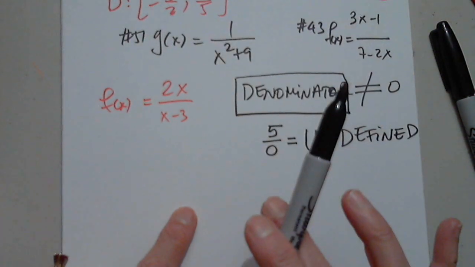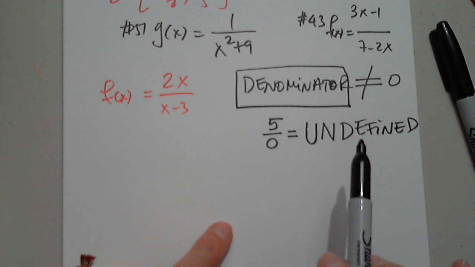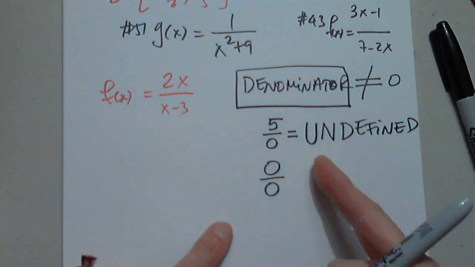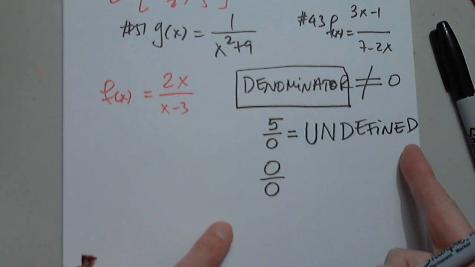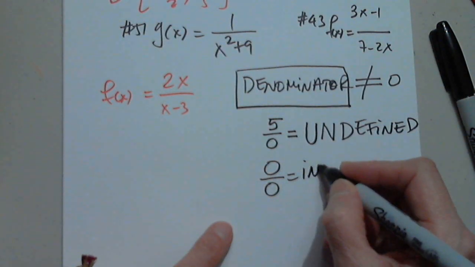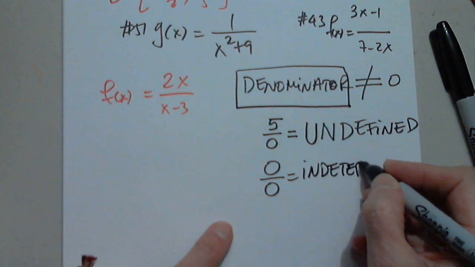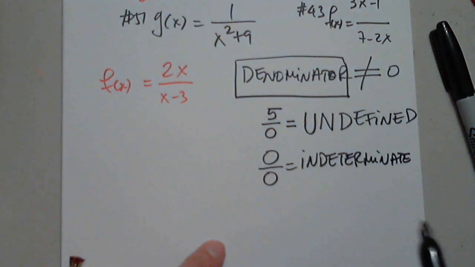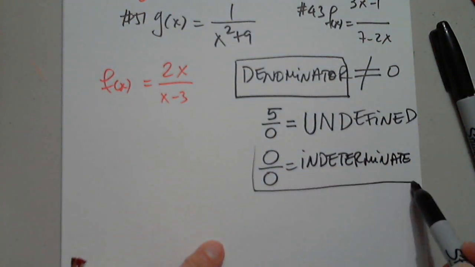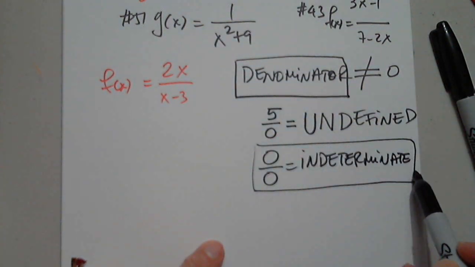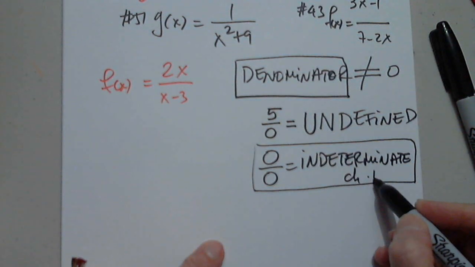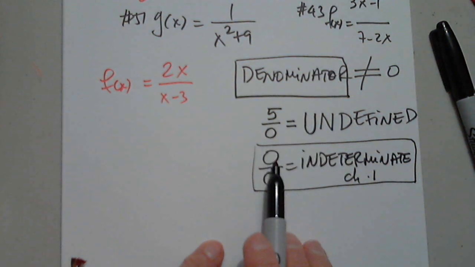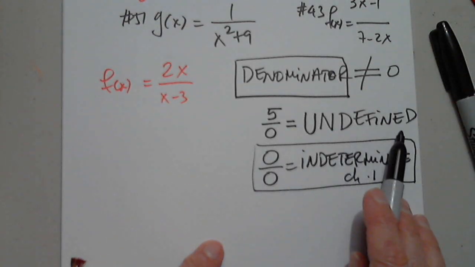But I want to caution you on something that we are going to move on to when we go to chapter 1. 0 over 0 is not undefined. It's called indeterminate. So that is a different situation. We will get to it in chapter 1. But any number not 0, divided by 0 is undefined.